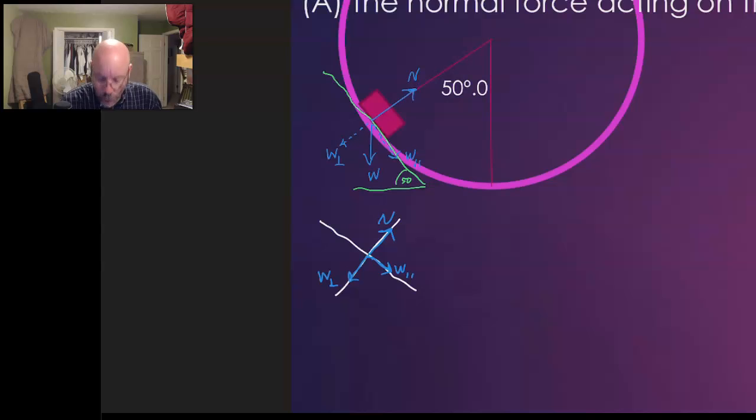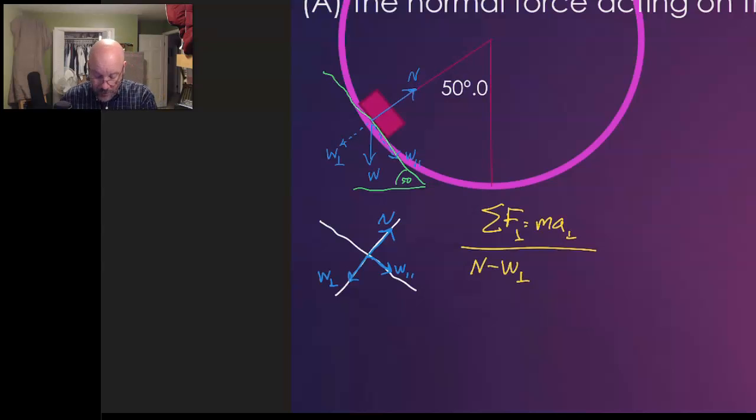So we're looking for the normal force. So let's go ahead then and jump right to Newton's laws. And so we're going to have here, and so let me call this the perpendicular bit. And so here I'm going to have ma perpendicular. So I've got the normal minus the perpendicular component of the weight.